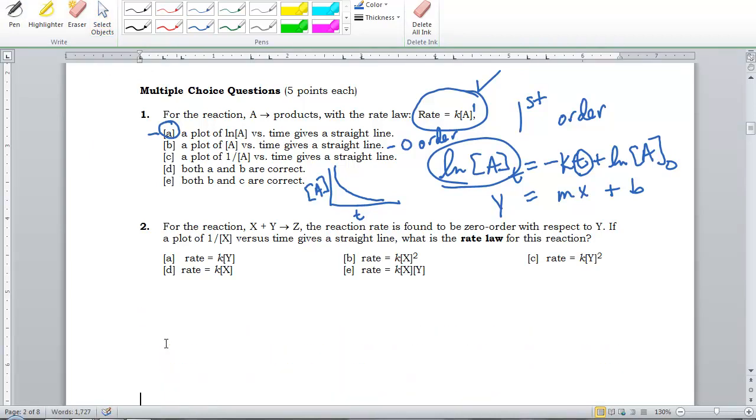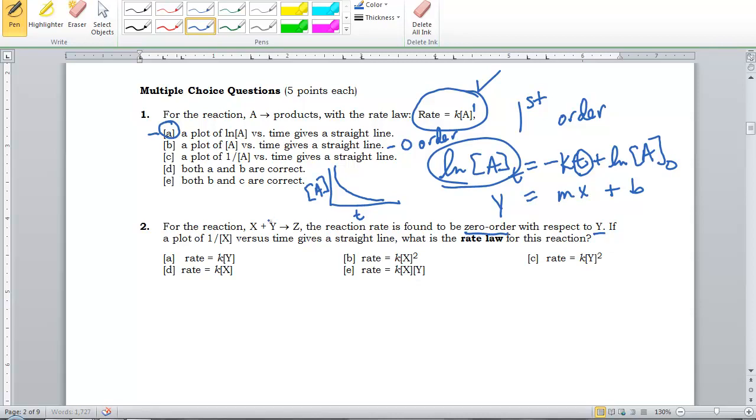Now, this one is also talking about a plot. So again, my mind is thinking, okay, what are the linear equations? It's concentration versus time. That takes us to integrated rate laws. Now, the other thing that is given in here is information that allows us to get to the rate law. It's zero order with respect to y.